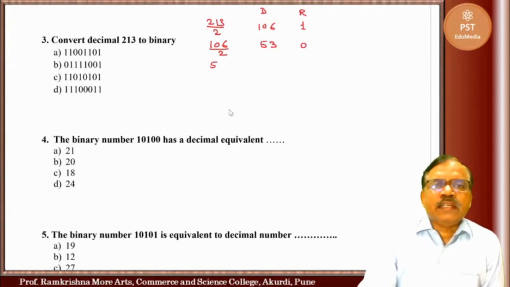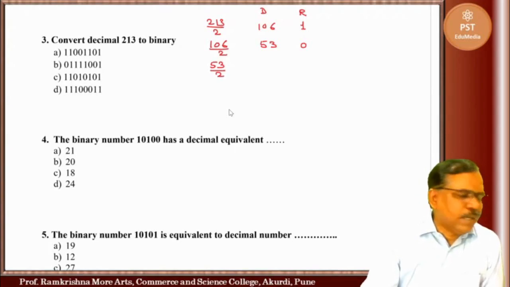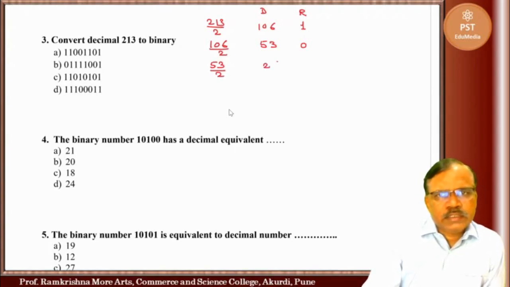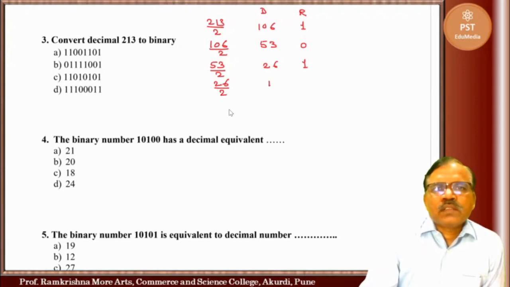Then 53 divided by 2, you will get 26, remainder is 1. Then 26 divided by 2 is 13, remainder is 0. 13 by 2, division is 6, remainder is 1. 6 by 2, division is 3, remainder is 0.